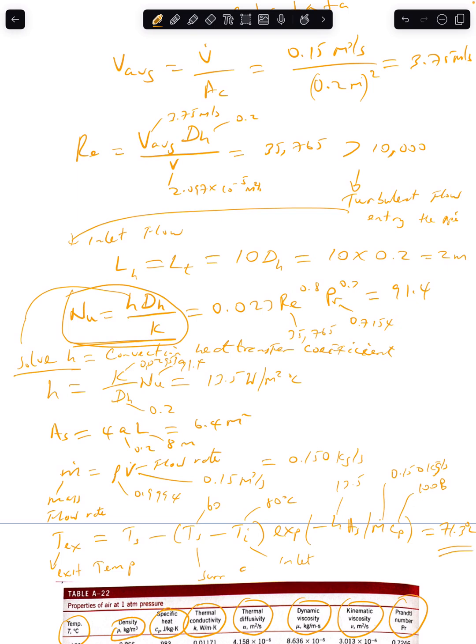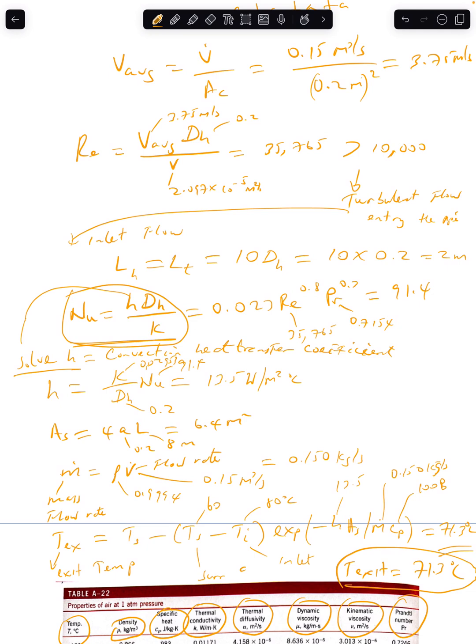That is the exit temperature. Now, can we determine the exit temperature from the system? Yes, this is the exit temperature for the system, 71.3 degrees Celsius.